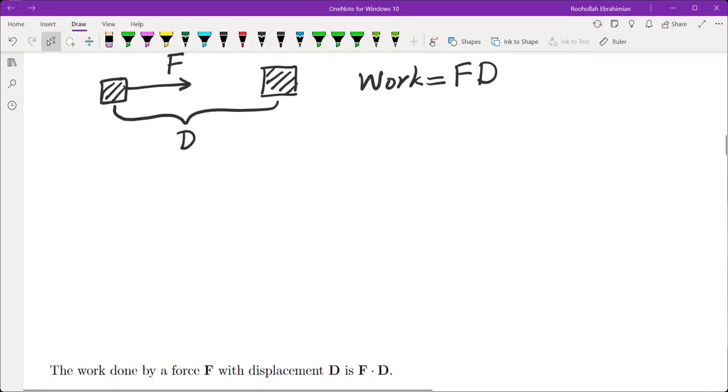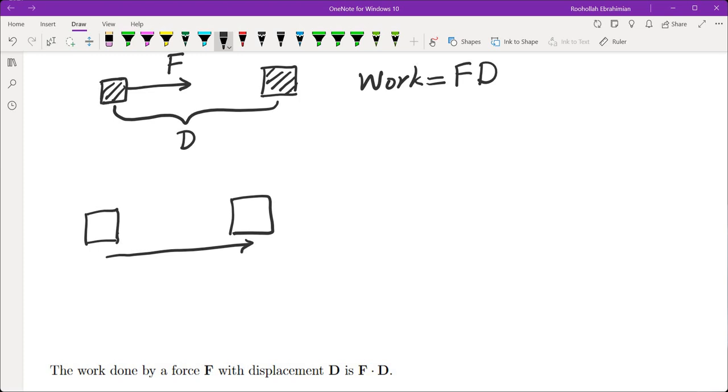So if the displacement and force are in the same direction, work is force times displacement. Now, what if it is not in the same direction? Let's see what happens. We have the displacement from here to here, and I'm going to think about that as a vector. But let's say the force is a constant force in a different direction. First we have to find the component of force in this direction.